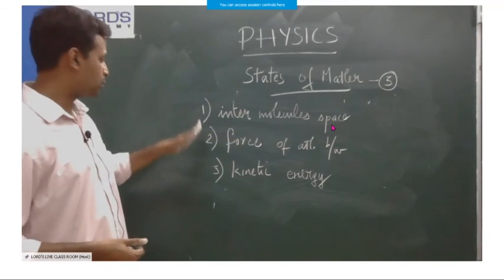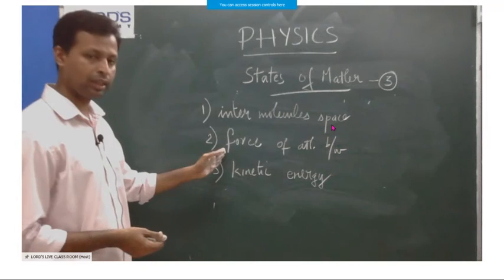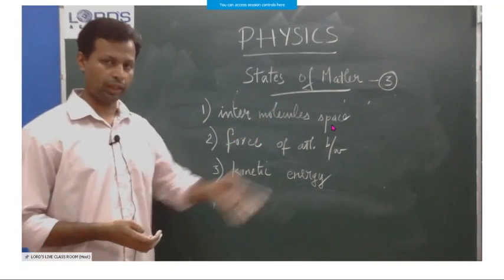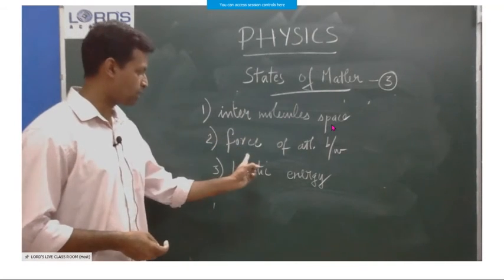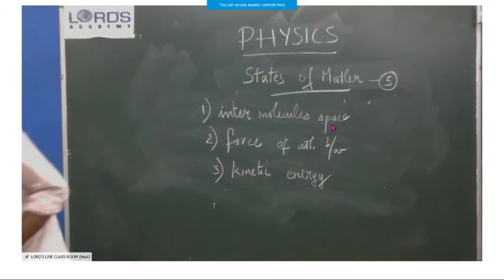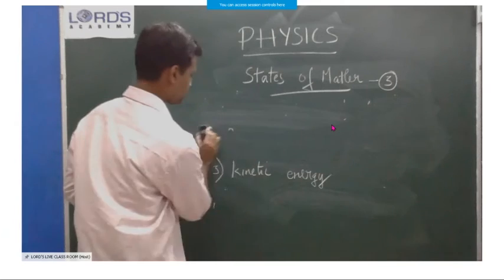These are the 3 points we have to consider when we get a substance, to analyze whether it is a solid, liquid or gas. Okay, this intermolecular space, force of attraction, kinetic energy. Okay, we will see the first one, and we will just compare it and see.